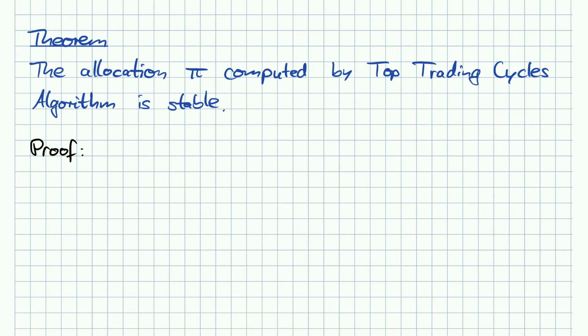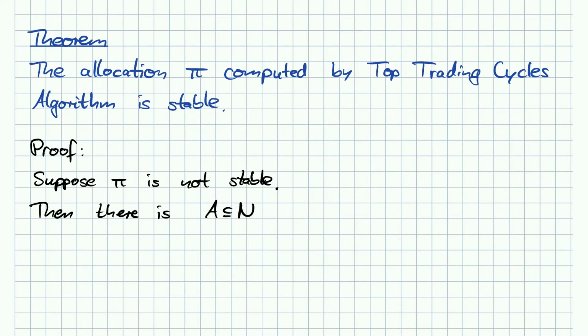So suppose pi is not stable. Then there is a subset of the agents, and this allocation sigma, such that the following holds.